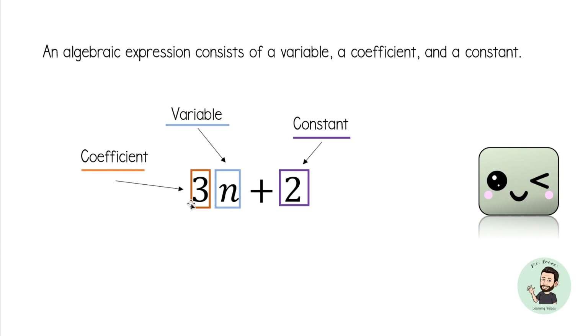The coefficient is a number that's usually in front of your variable, and it tells you how much to multiply your variable by. And then your constant is a number that's added, or it could possibly be subtracted from the previous term there.